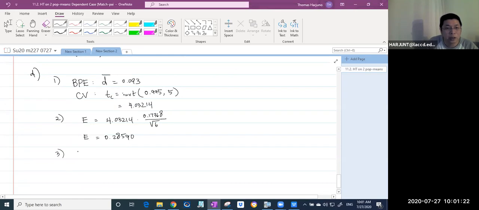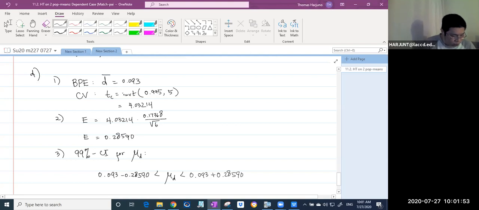Then step 3, the 99% confidence interval for mu d will be 0.093 minus 0.28590 less than mu d less than 0.093 plus 0.28590. I get negative 0.19290 here.